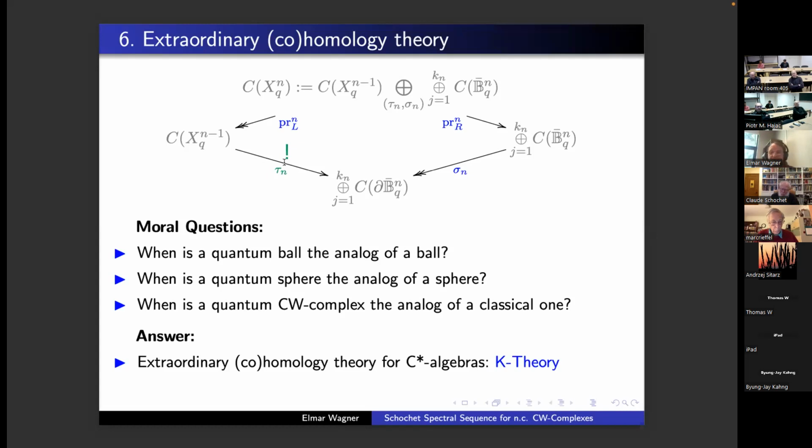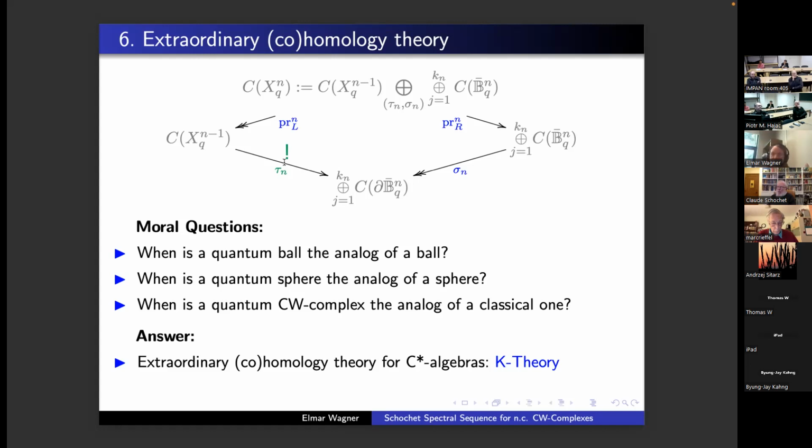This tau n should have the information which says classical quantum has some relation. Since these are topological objects, I would like to conserve some topological invariance. And since for homology theories, K-theory is some sort of a topological invariance that doesn't care about commutative or non-commutative algebras, it goes just the same way.